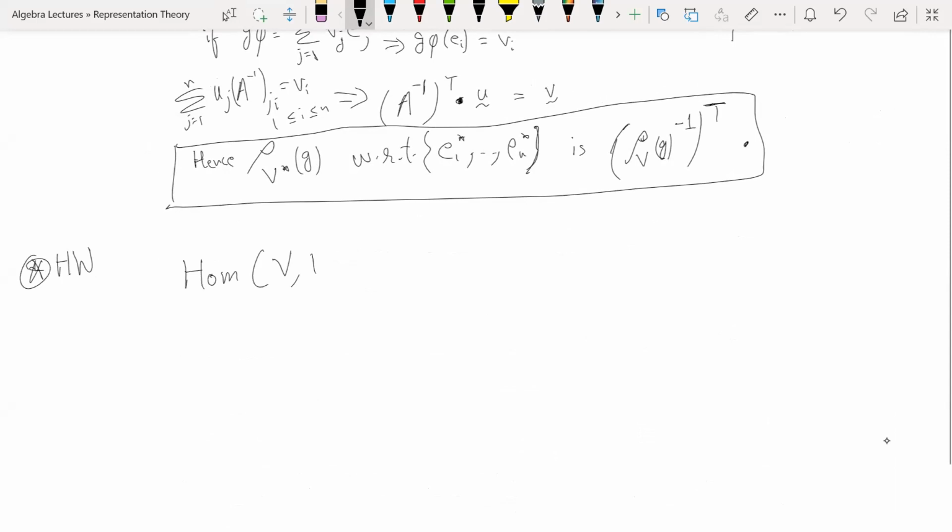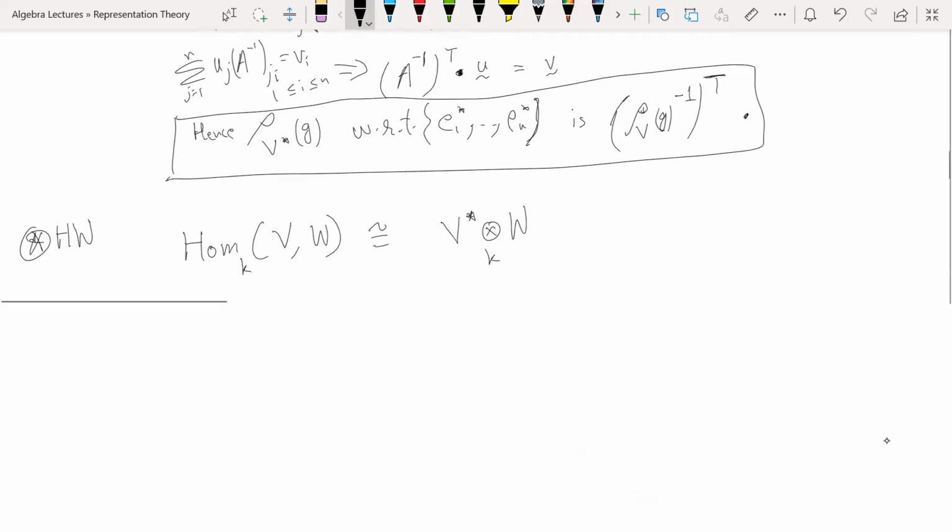Hom(V, W), you can also think of it, so V and W are two vector spaces, then this is isomorphic to V dual tensor W. Okay. So first you have to give this isomorphism.